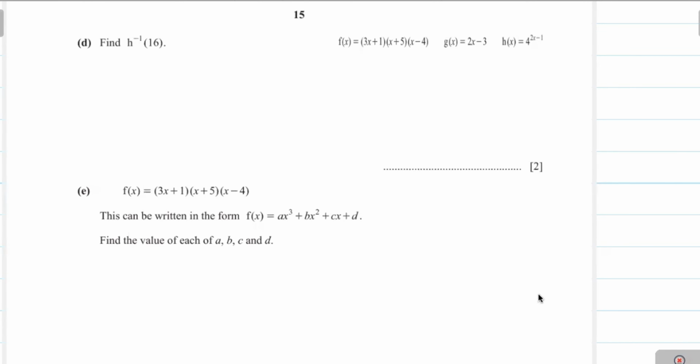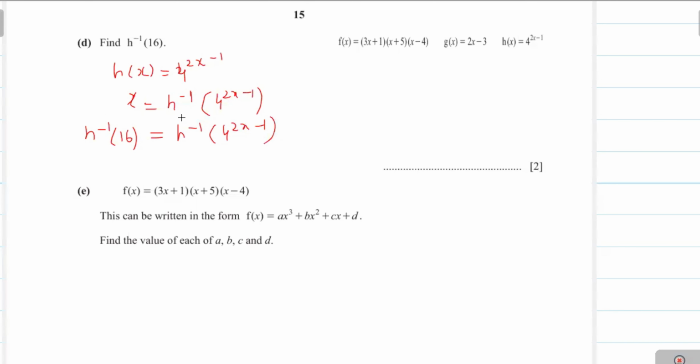Part D, find h inverse of 16. You see here h of x equal to 4 power 2x minus 1. Now we can write it as x equal to h inverse of 4 power 2x minus 1. Therefore, h inverse of 16 will be equal to h inverse of 4 power 2x minus 1.